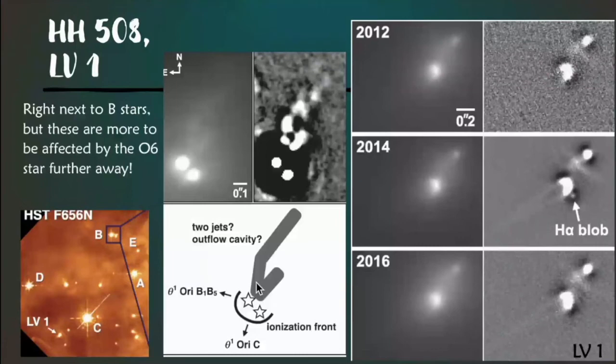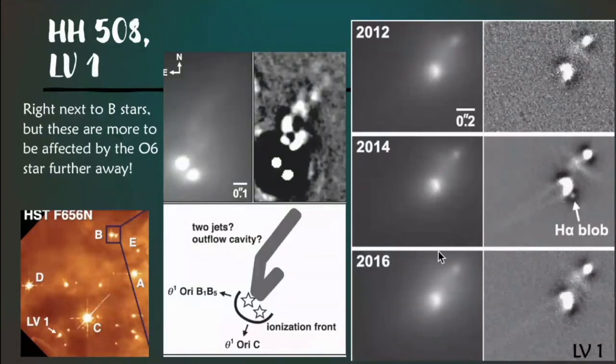It seems like they're on C, which is further away, because the far UV and EUV contribution from C is a lot stronger. So in this case, this disk is affected by both the B star and Theta 1 Ori C.